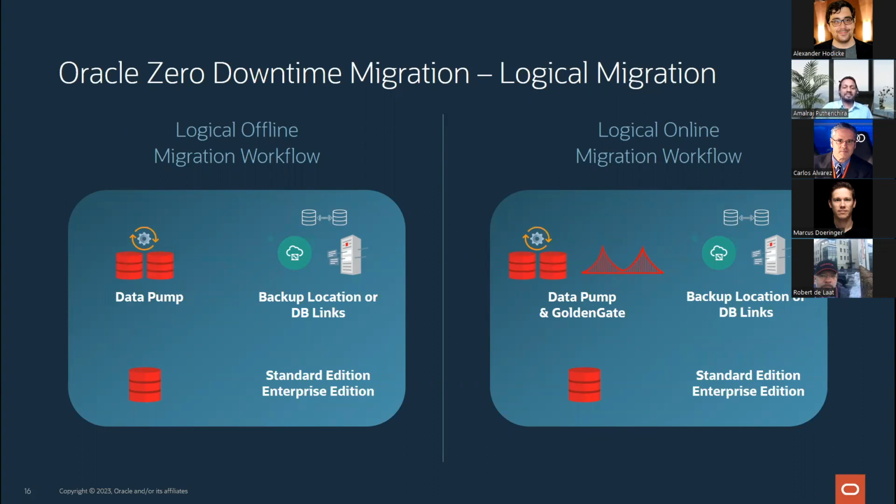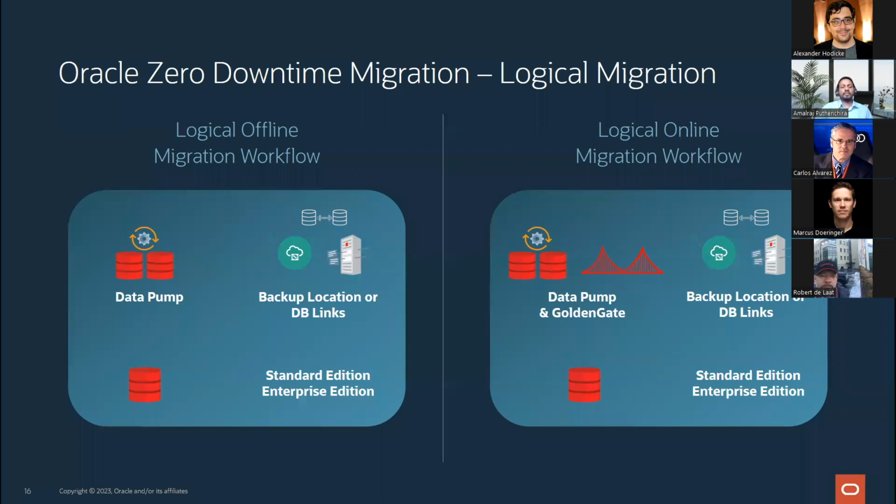And for the logical migration, things are a little bit different, because you can have online migration for logical migrations, even though you have a Standard Edition, because it uses the backup location, but you can also use database links. So in this case, you can use Data Pump for logical migration for both Standard Edition and Enterprise Edition. For online logical migration, you can always use a Standard Edition, so this is not the limit of the physical online migration.